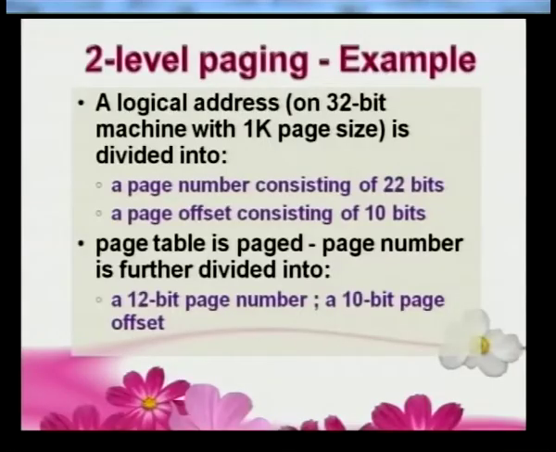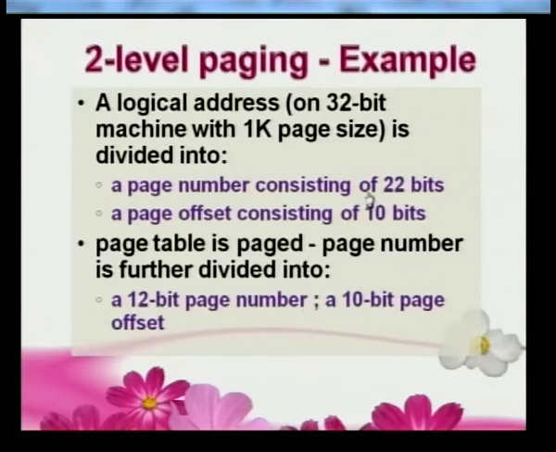Because this is a 32-bit machine with 1K page size, 10 bits is allocated to offset and the rest higher order 22 bits are allocated to page number. Page table is also paged. Because we are following a two-level paging scheme, the page table is also paged, and therefore there needs to be an outer page table, and therefore we extract 12 bits out of this 22 bits. We extract only 12 bits for the page number and 10 bits for the offset.